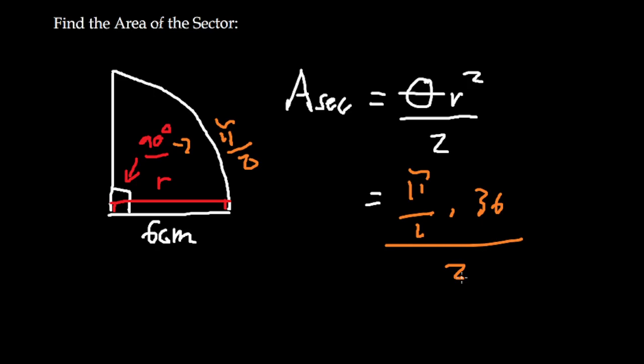Take out your calculators. So, it's pi over 2 times 36 divided by 2. It's 9 pi. So, this is our answer. Since it's an area, ilalagay natin yung tamang unit, which is centimeter squared, or square centimeter. 9 pi square centimeter.